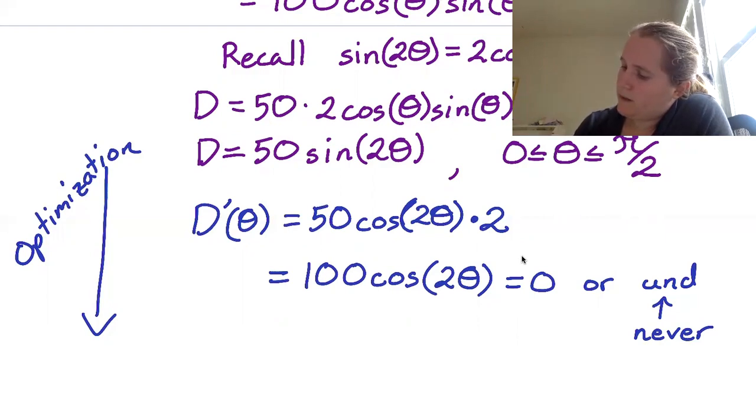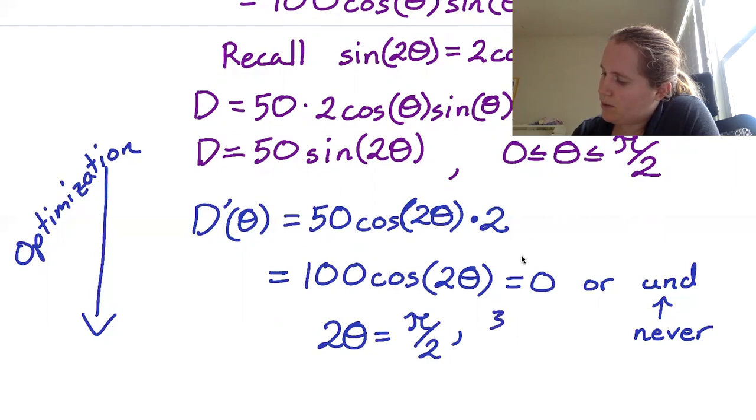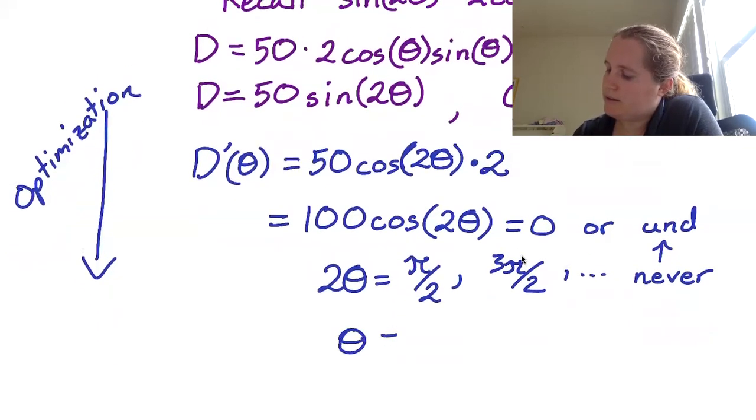So this would mean that 2 theta is equal to pi over 2 or 3 pi over 2. We could keep going if we wanted, but we do have our limitations. So we get that theta is equal to pi over 4 or 3 pi over 4.